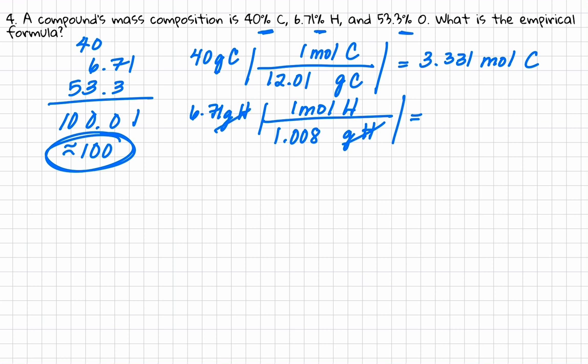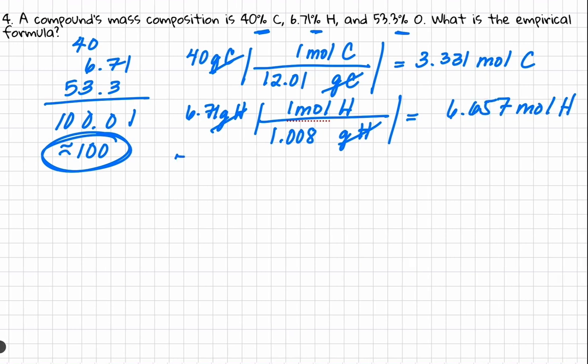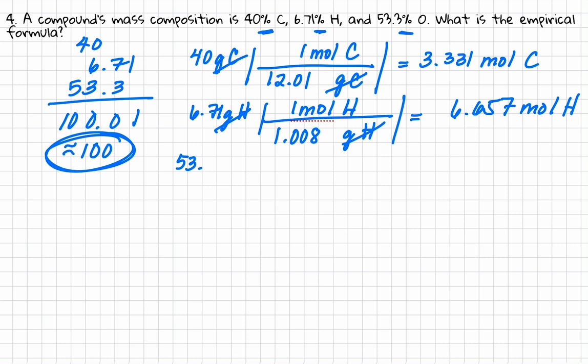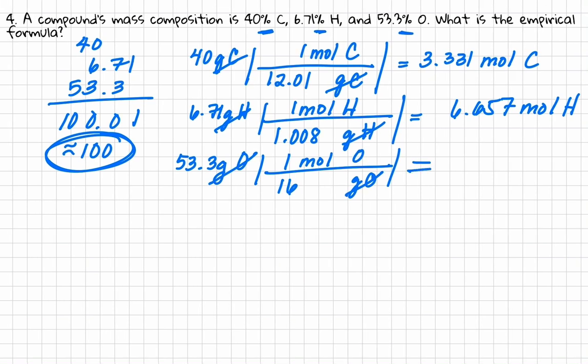Once we do the math, that's 6.657 moles of hydrogen. And then 53.3 grams oxygen. Grams of oxygen, 16 per 1 mole oxygen. 3.331 mole of oxygen as well.